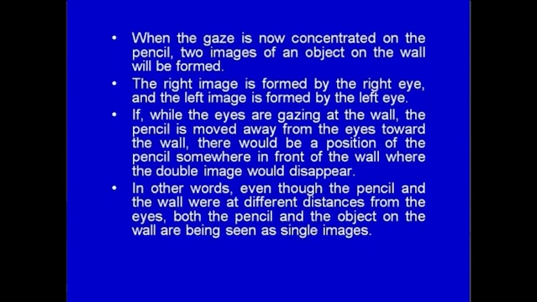If while the eyes are gazing at the wall, the pencil is moved away from the eyes towards the wall, there would be a position of the pencil somewhere in front of the wall where the double image would disappear. In other words, even though the pencil and the wall were at different distances from the eyes, both the pencil and the object on the wall are being seen as single images.